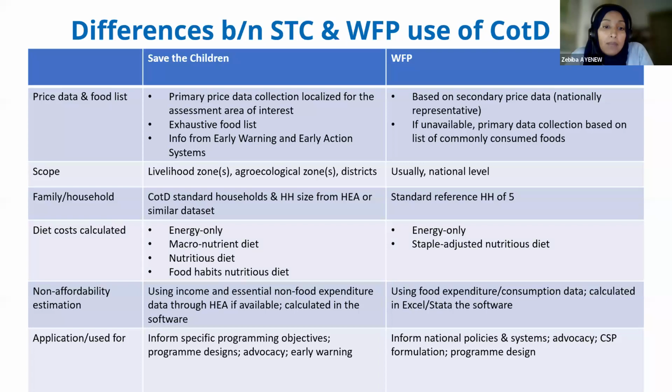Then the household that we use for the analyses in the fill the nutrient gap is the typical model household that I mentioned earlier that is representative of individuals across the life cycle. It's usually around a size of 5 household members, whereas the Save the Children household is very much reflective of the typical household in the assessment area.